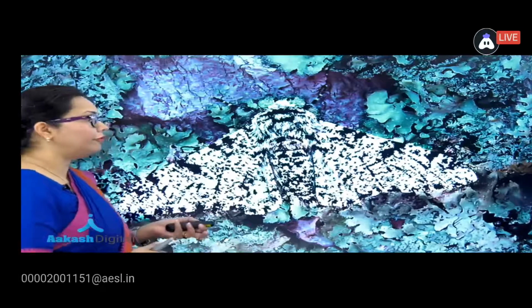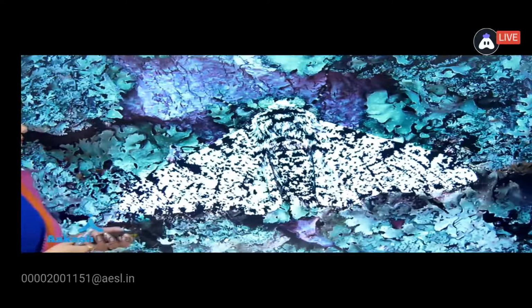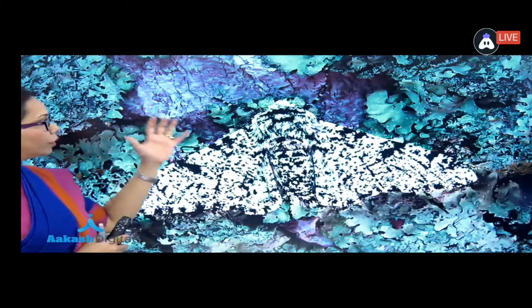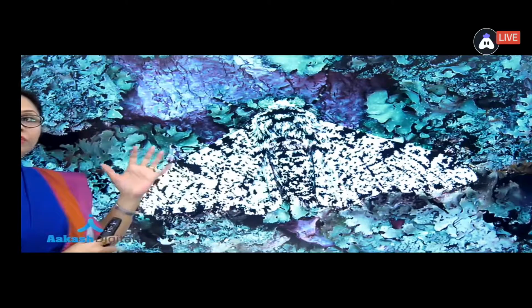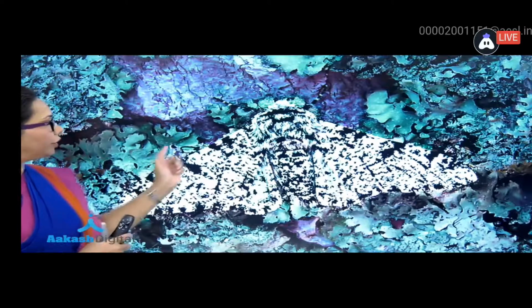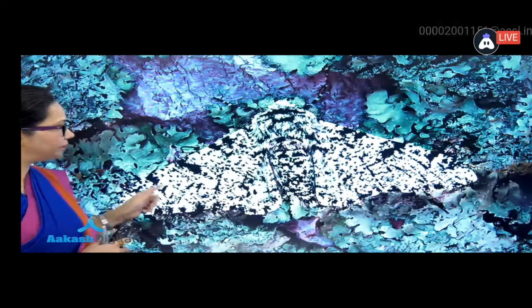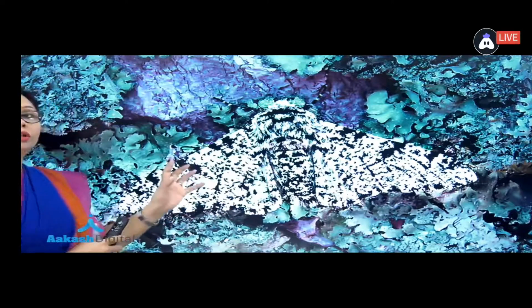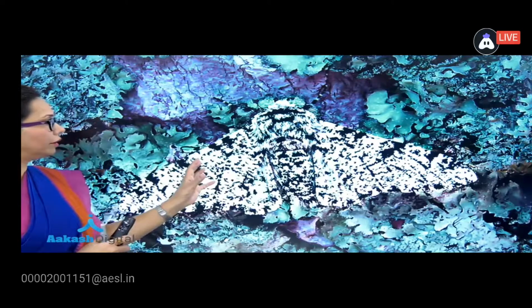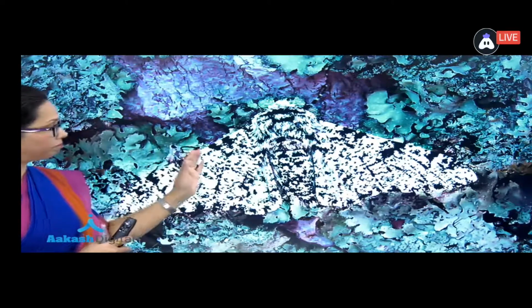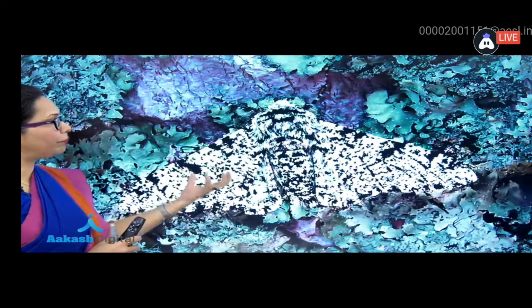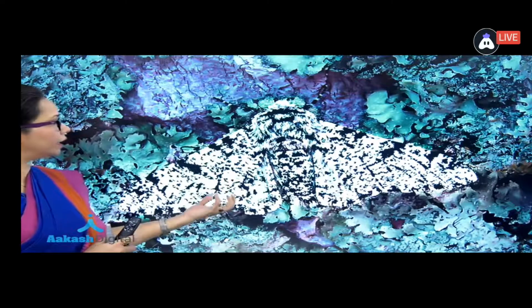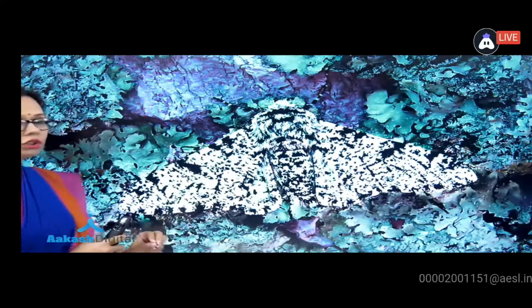Now here we have an example. Can you recognize that in this background there is one organism? Here we have a moth. This moth was quite common in the European habitat, and it is called the peppered moth, which is light gray in color with small black dots.